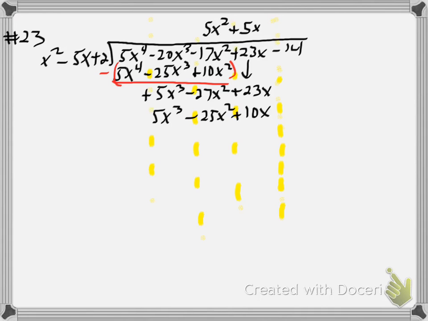I'm going to subtract again. So all those signs inside flip if I want to add. Okay, so these cancel out. So 5x cubed minus 5x cubed, negative 27 minus 25.